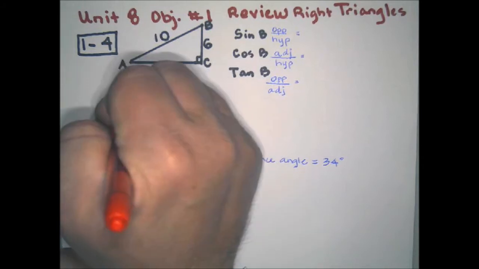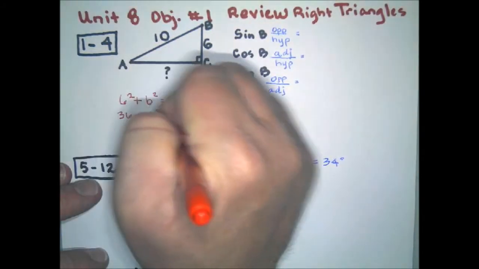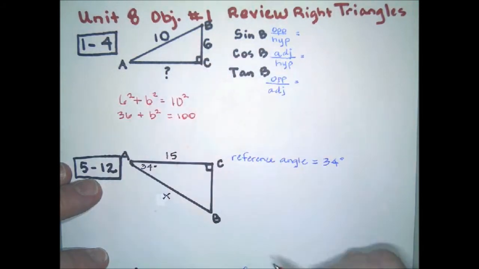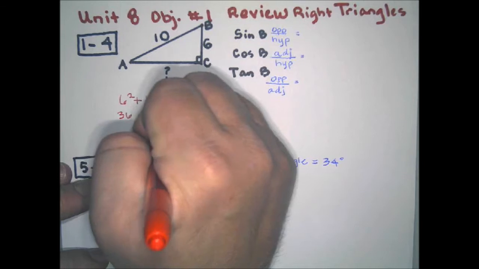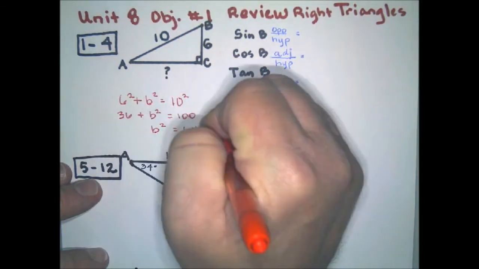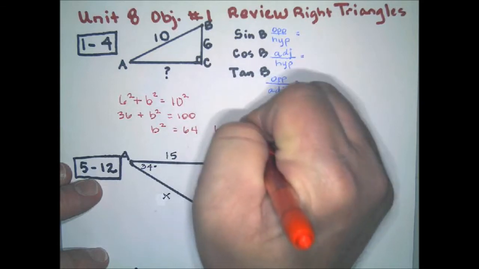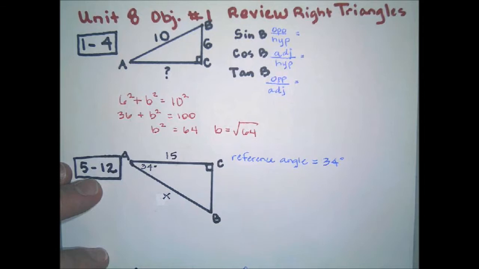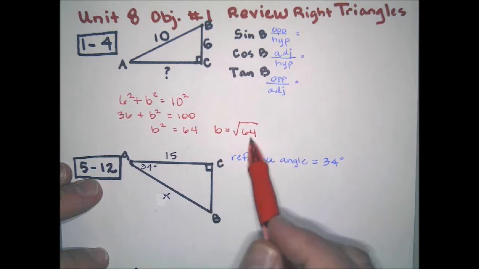So 36 plus b squared equals 100. Subtract 36 from each side, and you're going to get b squared equals 64. So therefore, b is the square root of 64. Technically, it would be plus and minus, but we're dealing with distances, and distances are never negative.